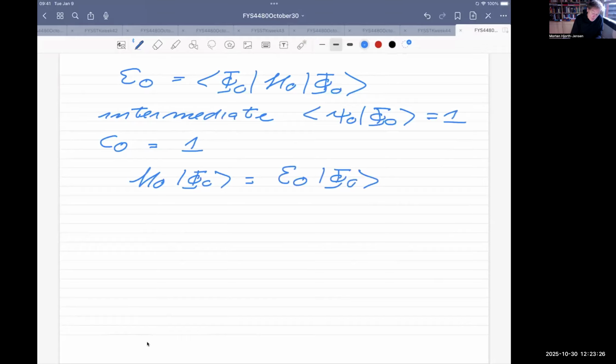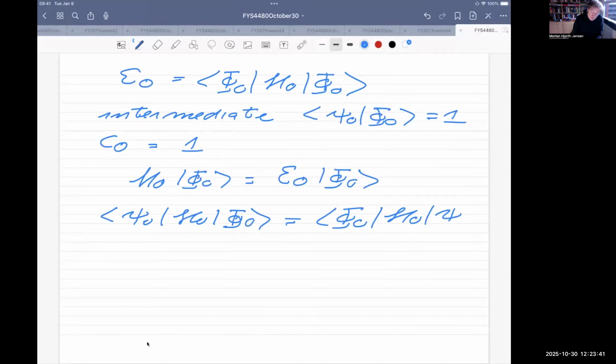So when I now multiply psi 0 here with this term, this is due to the fact that we have also assumed that these are Hermitian operators. We have a psi 0 complex conjugate, and this is equal to epsilon 0. Now, why do we do this?